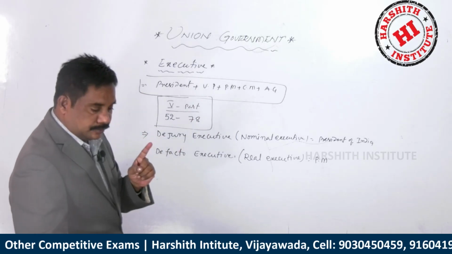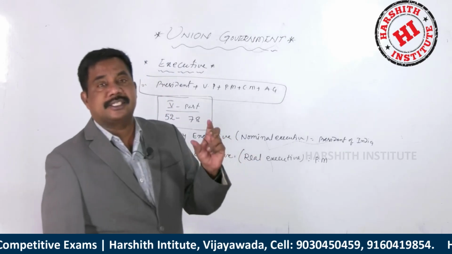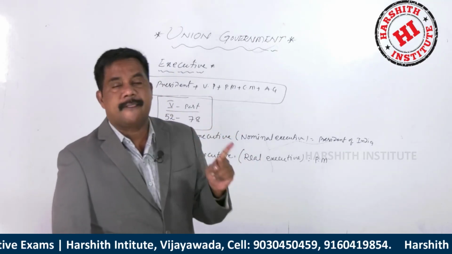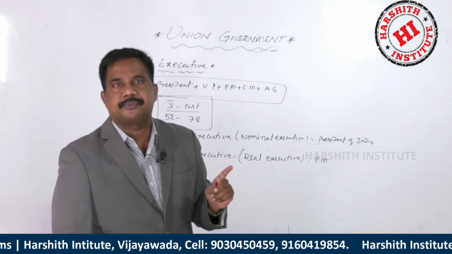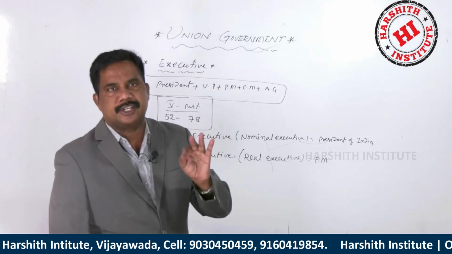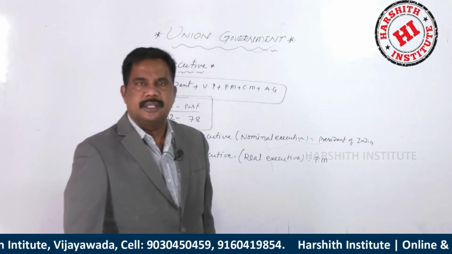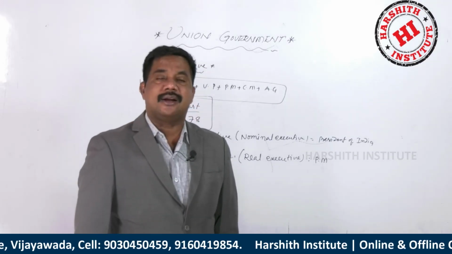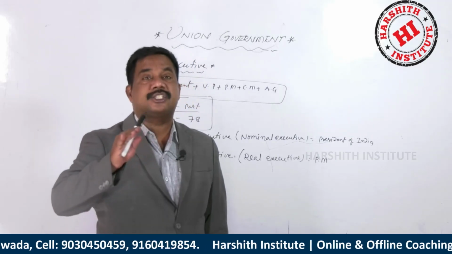Remember, what is the best example for the presidential form of government? The best example is the USA. In the presidential form of government, there will be only one executive, a single executive, that is called the de facto executive.